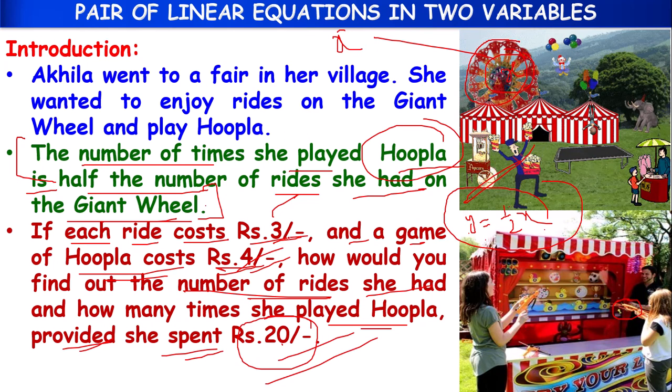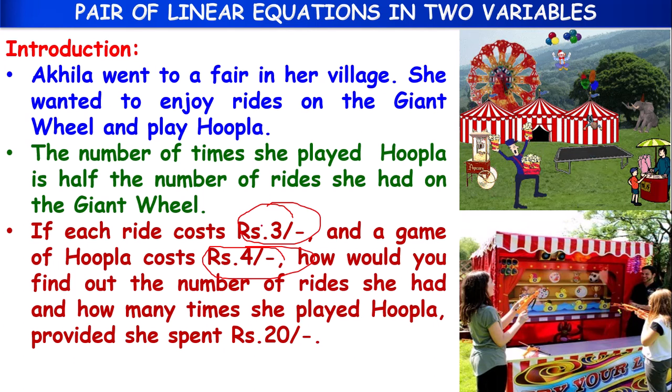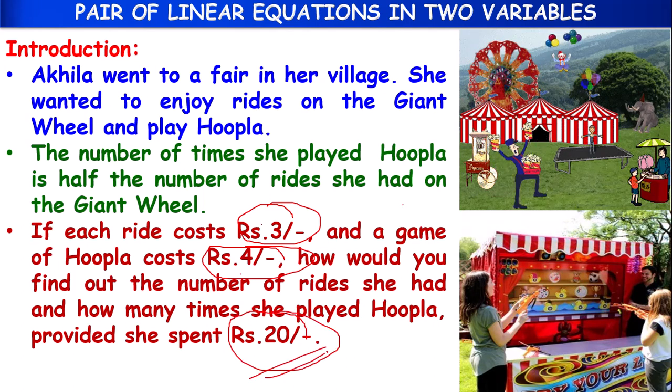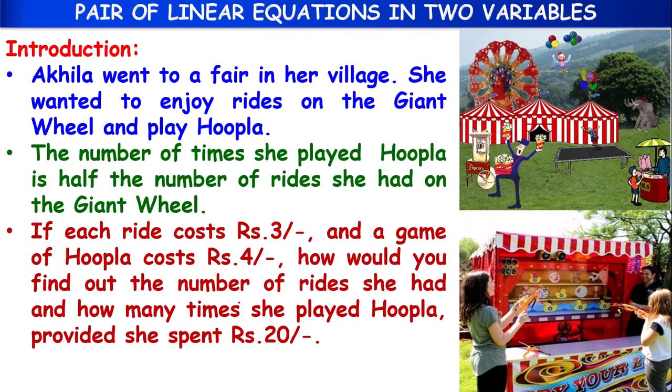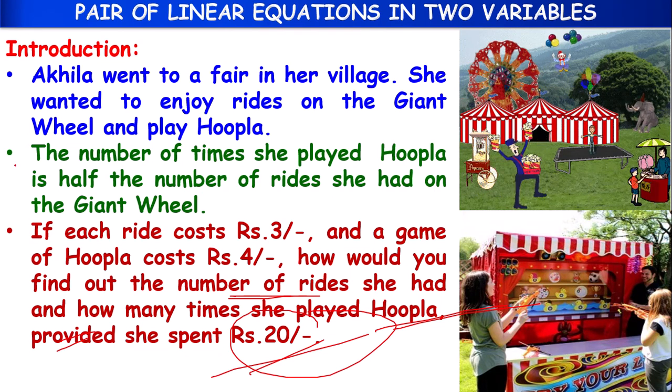For each ride ₹3, and for each game ₹4, overall she has spent ₹20. So we have to find how many rides and how many hoopla games are possible with ₹20, satisfying these two conditions.